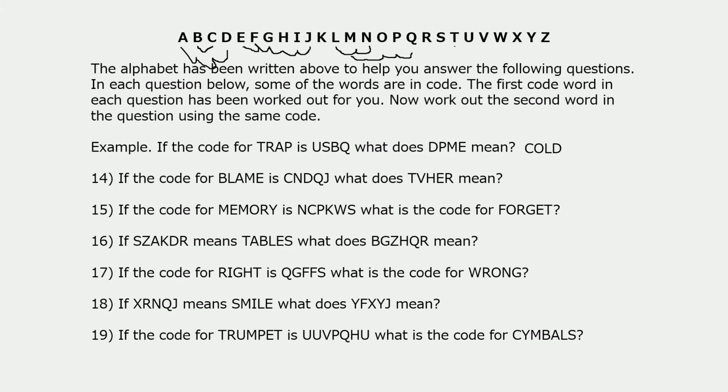So from T, we move 1, which is an S. From V, we move twice, which is T. From H, we move thrice, which is 1, 2, 3, E. From E, we move quadruple times, 1, 2, 3, 4, A. And from R we move five times, 1, 2, 3, 4, 5.